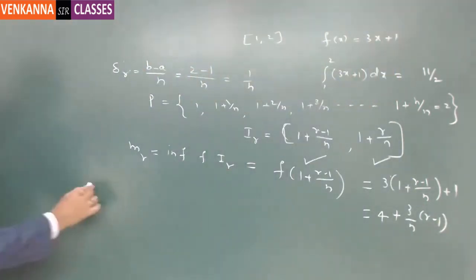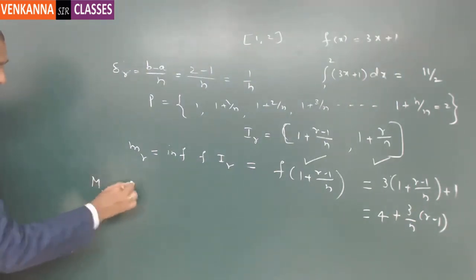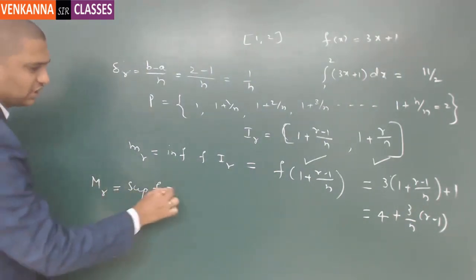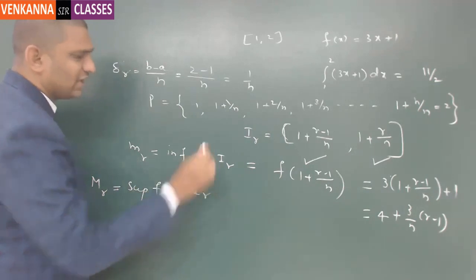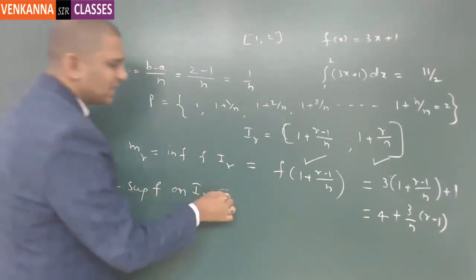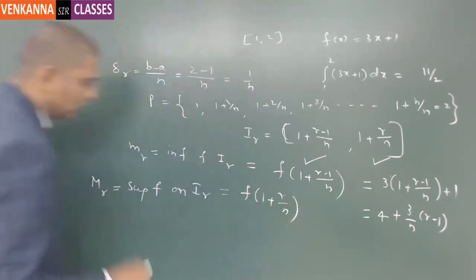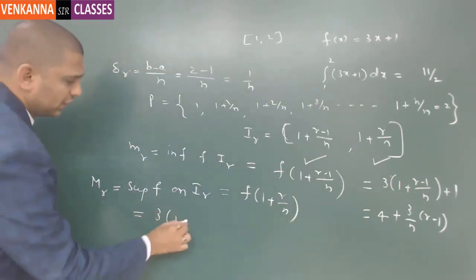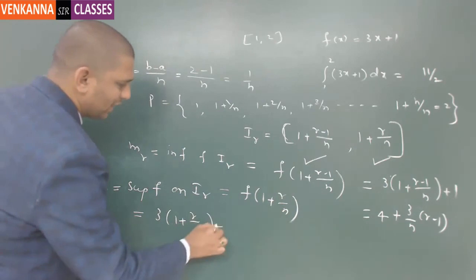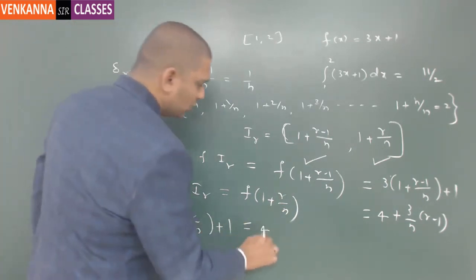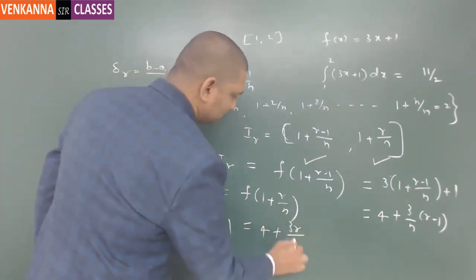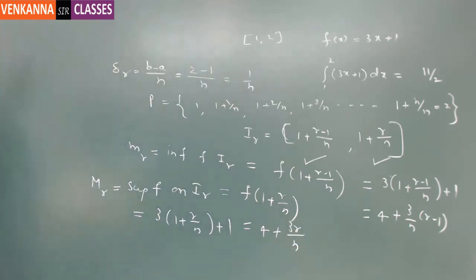Similarly, the supremum of the function on the subinterval I_r is given by the last end point, so f of 1 plus r by n, equal to 3 into (1 plus r by n) plus 1, which is equal to 4 plus 3r by n. Accepted?